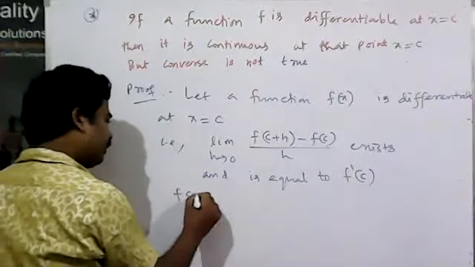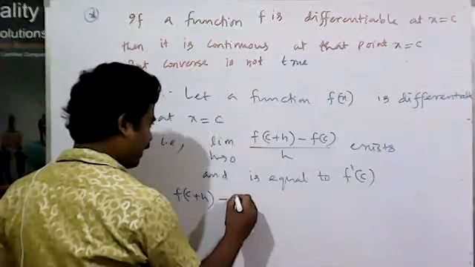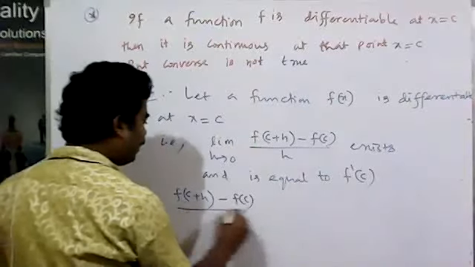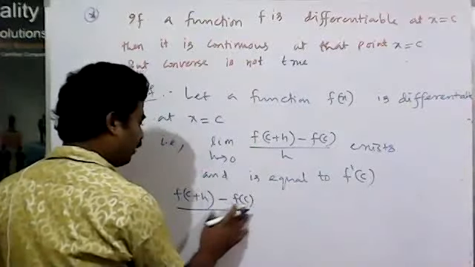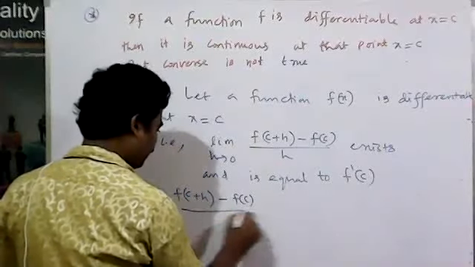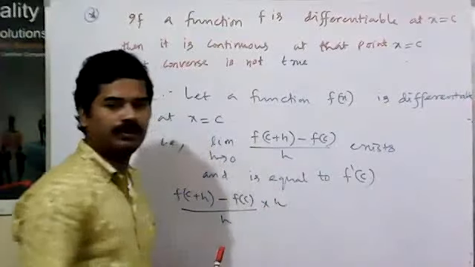Now f(c plus h) minus f(c) divided by h, you can multiply both sides by h.